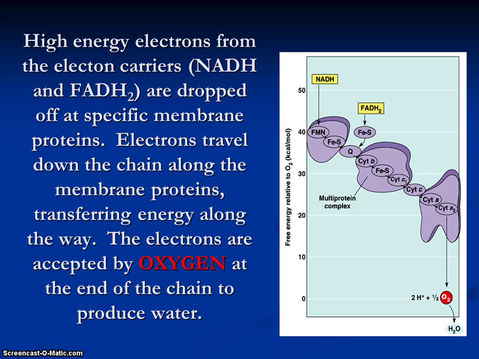These electron carriers are going to carry electrons that have been juiced up with really high amounts of energy. All right, NADH and FADH2 are going to carry those electrons to specific membrane proteins within the mitochondria.